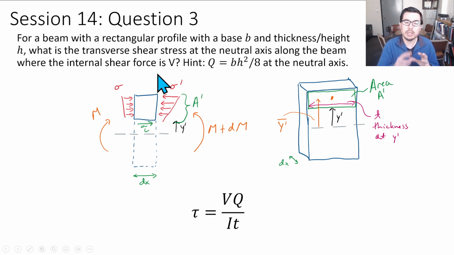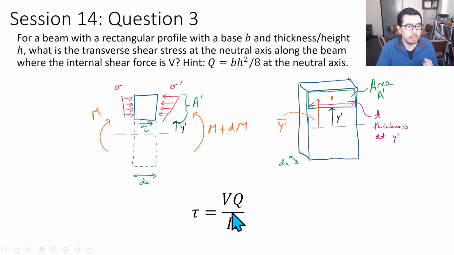This is just to get ourselves acclimated to the shear formula. There's a hint that Q is equal to BH squared over 8 at the neutral axis. This quantity is often the most complicated to calculate for these problems.